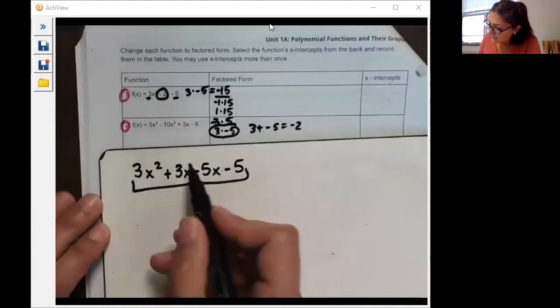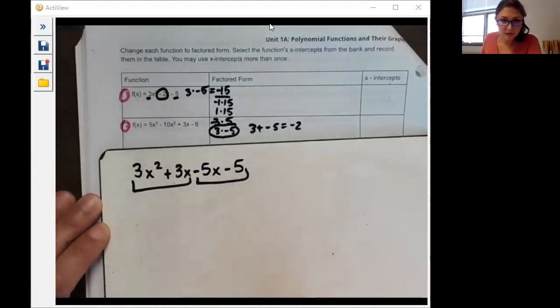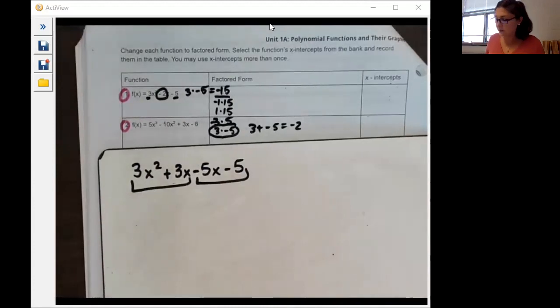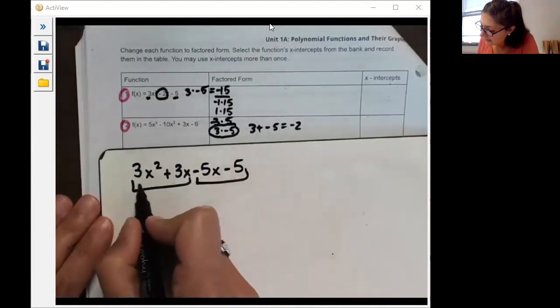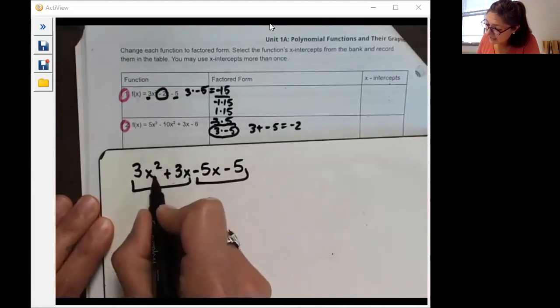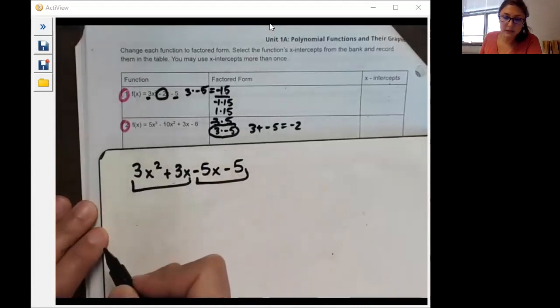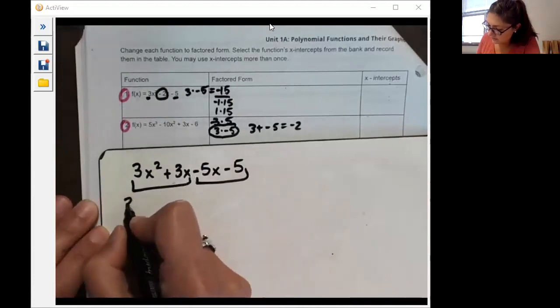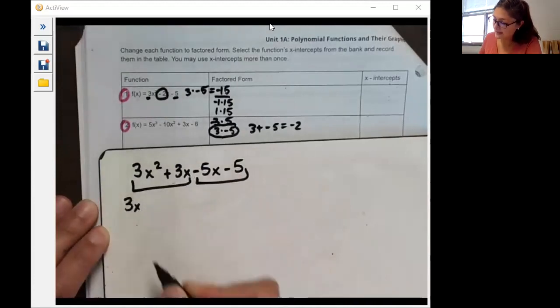So now that I've split my problem up into groups, right? First 2 terms, last 2 terms, I'm going to look for the GCFs for each of those pieces. So for my first group, I see I've got 3's and I've got x's as part of both of these terms. So I'm going to pull out a GCF of 3x. So I'm going to write that in front.